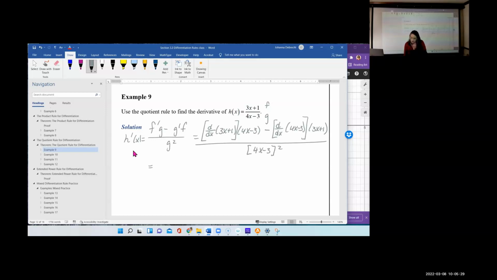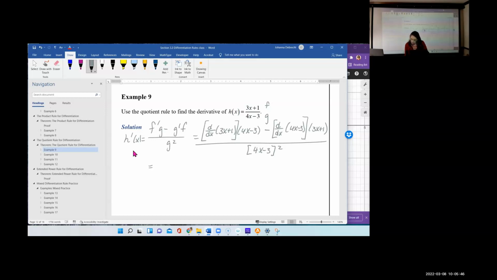Now, most of the time we skip that step. It won't hurt you to write it out the first few times as you're learning it, but honestly, most of the time we skip that step and go straight to taking the derivative.